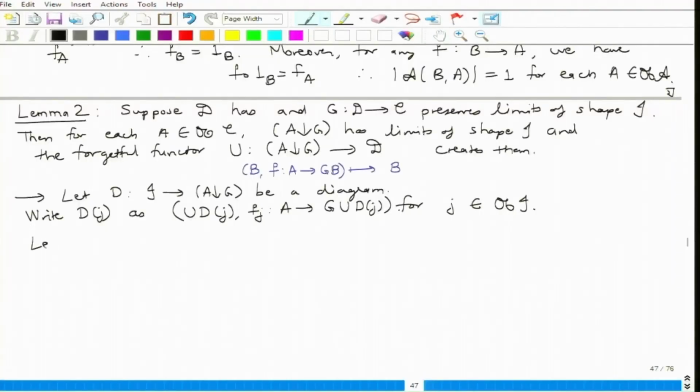So let L, with maps to U dj, j in objects of J, be a limit for UD. Do you agree with this? Like UD must have a limit?